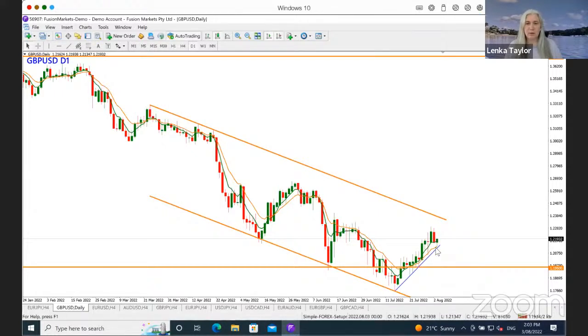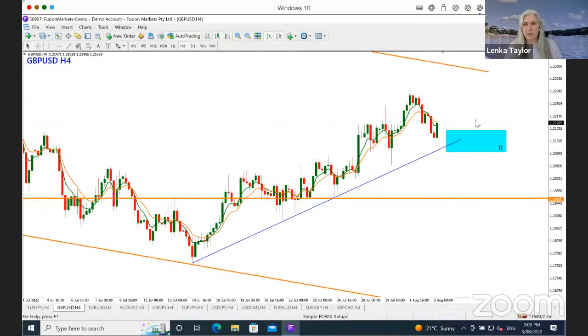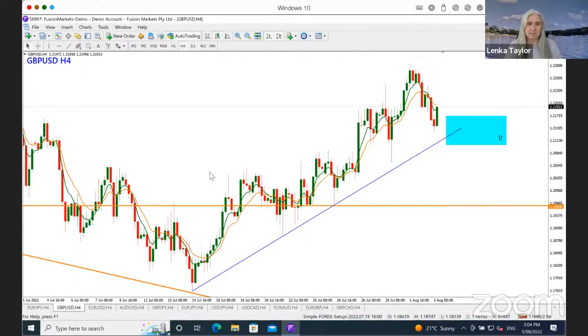So I will be looking for any pullback, and there is still enough space to go to the top of the channel if the price action is low and in my entry zone here. So I'll be looking at long on GBP/USD.